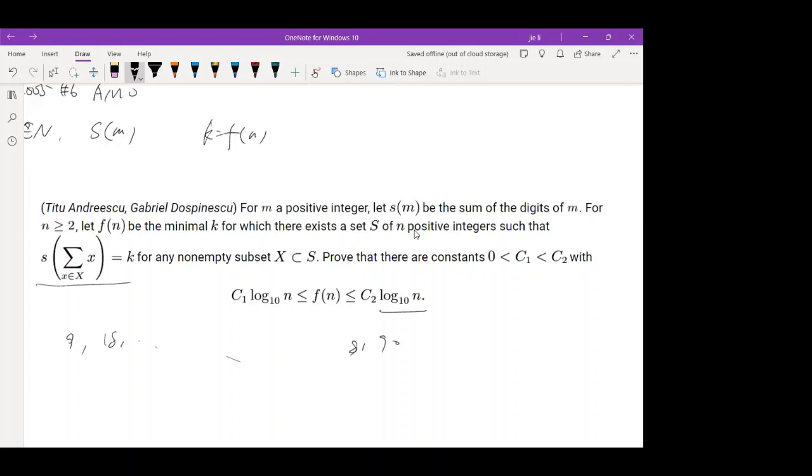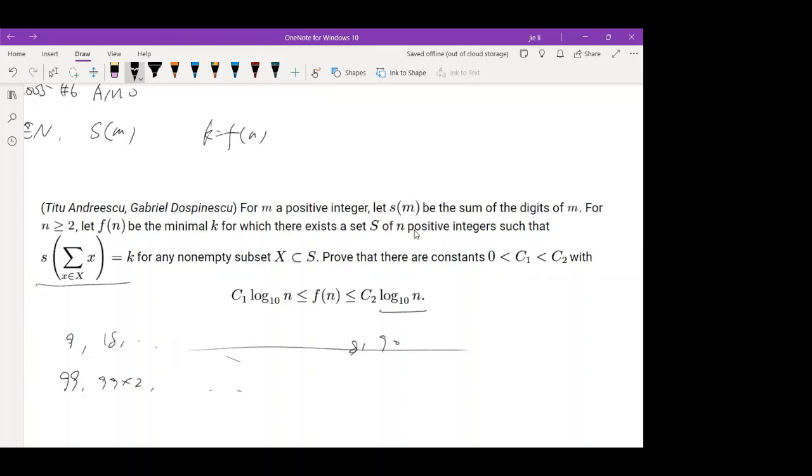Their digit sums should be equal, and if you add any two or more, they should also be equal. We did this with digit sum equal to 9. The next thing is digit sum equal to 18, like 99 times 2.